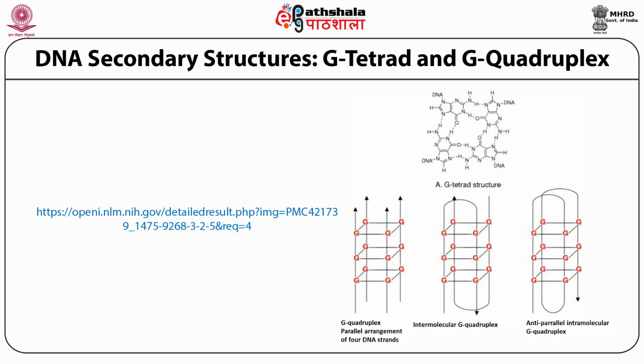In the first example of G-Quadruplex, 4 DNA strands in parallel arrangement form this G-Quadruplex. In the second type, 2 DNA strands come together and form an intermolecular G-Quadruplex. Also, there are examples where a very long polynucleotide DNA chain can form an anti-parallel but intramolecular G-Quadruplex.